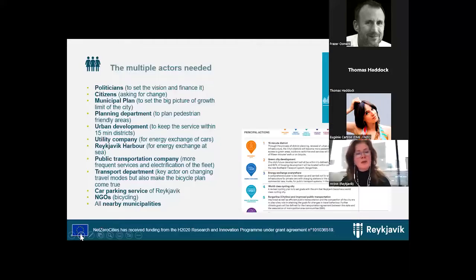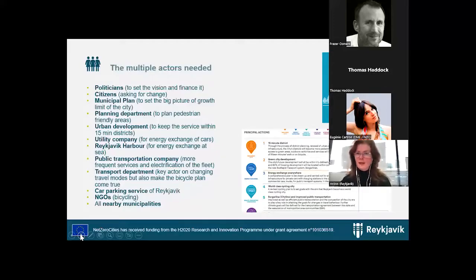And then we have a division of urban development that is thinking about employment and services and businesses and so on, keeping the services within 50-minute districts, so that it will be easy to walk and take public transportation and so on.